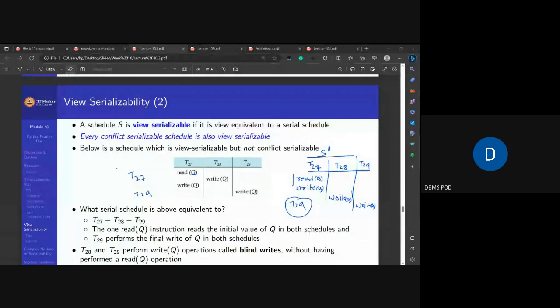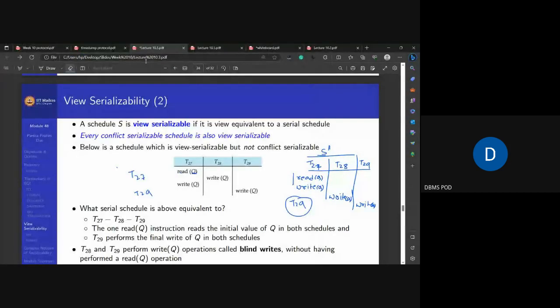Suppose the schedule is like you are telling: T28, T29, T27.